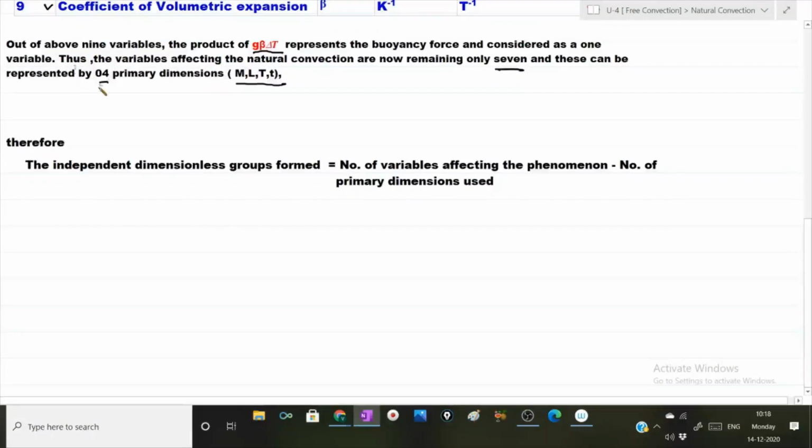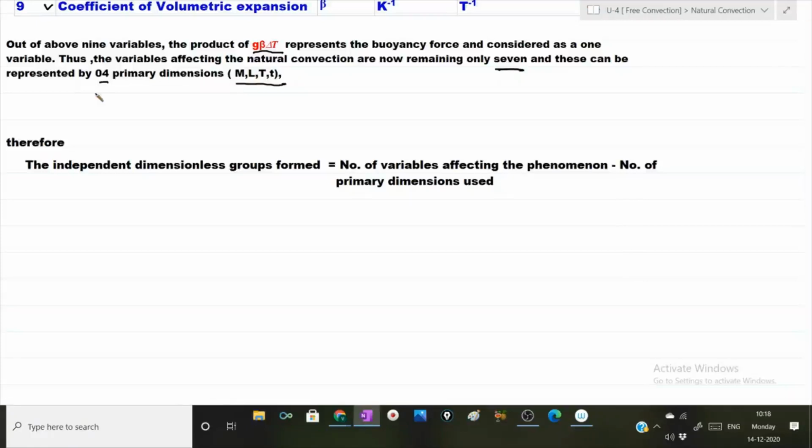What the Buckingham Pi theorem says is that if there are n variables affecting any phenomenon and those can be represented by a small n number of primary dimensions, we can group all these variables into independent dimensionless groups and their combined effect will be almost similar.